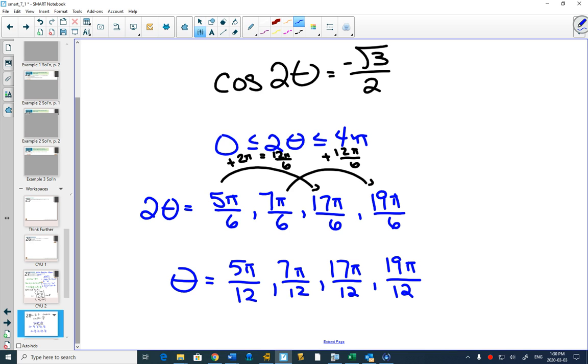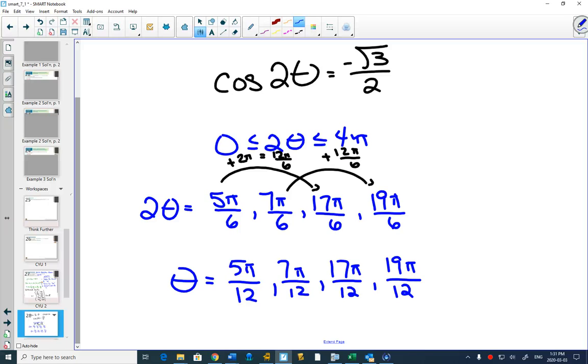Can you see that all of those answers are between 0 and 2 pi? So what's the highest you could go if it was up to 2 pi over 12? 24. 24 pi over 12 would be the highest you could go. And the highest we're at is 19 pi over 12. So all of those answers are between 0 and 2 pi.